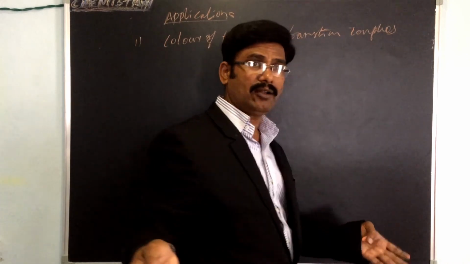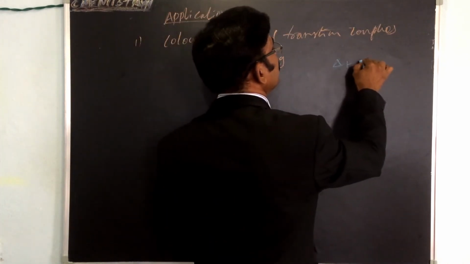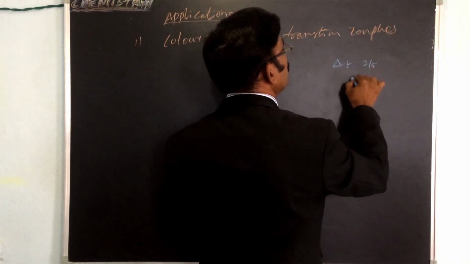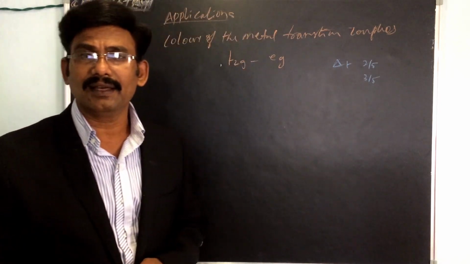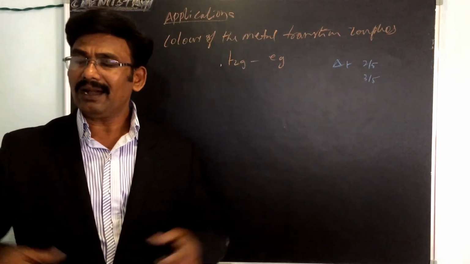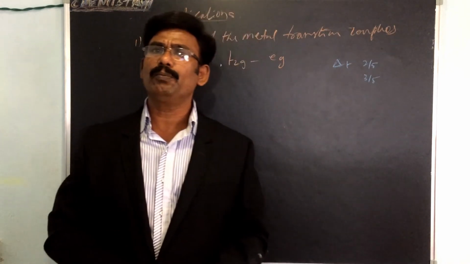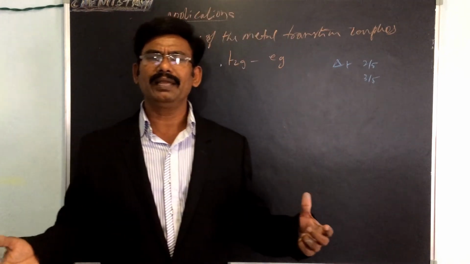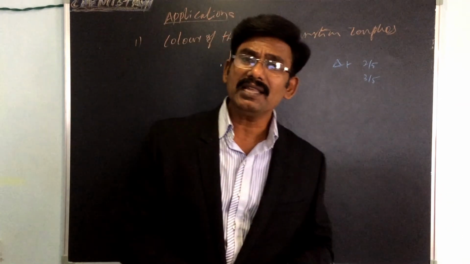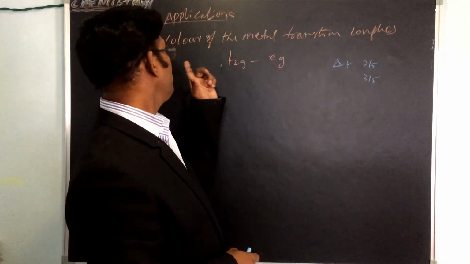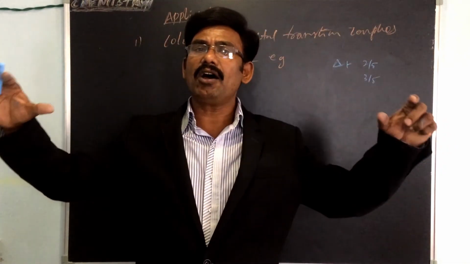For example, in tetrahedral and octahedral complexes, the splitting delta is 2/5 and 3/5, with the eg orbitals and t2g orbitals at different energy levels. It is the same in octahedral and in square planar. That is the reason there are many color properties: yellow, pink, different types of colors. The reason is what we studied here, the splitting of the degenerate orbitals.